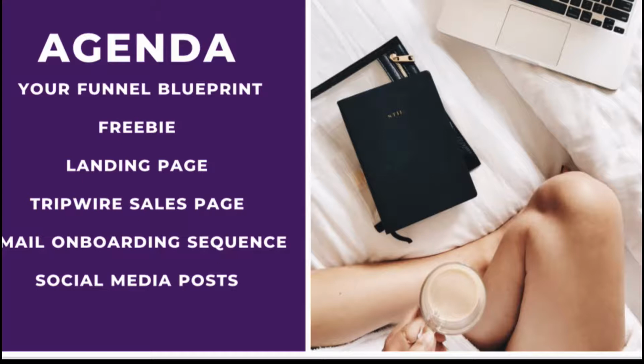So the agenda, what we are going to do together over the next 30 days, is we're going to first look at your funnel blueprint. So how does it actually look visually? You're going to be creating and launching a freebie, which you're going to offer via a landing page. Landing pages are where people opt in for your freebie.